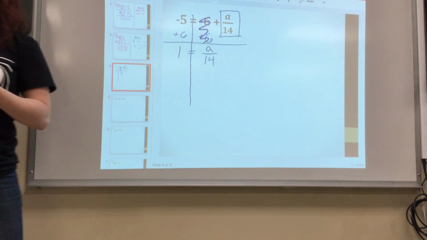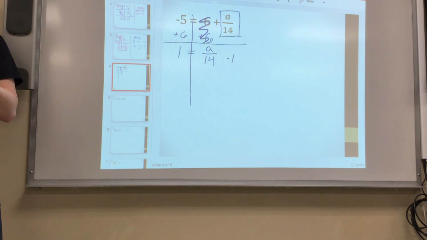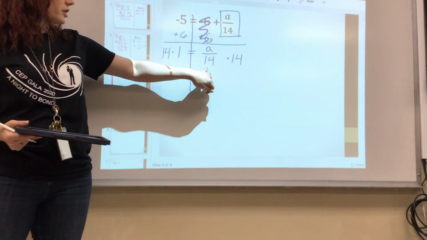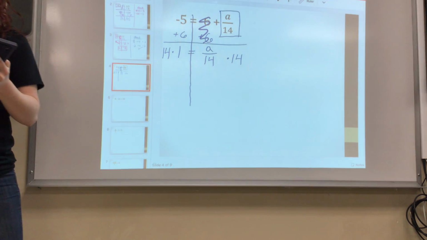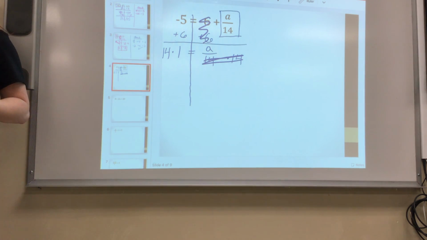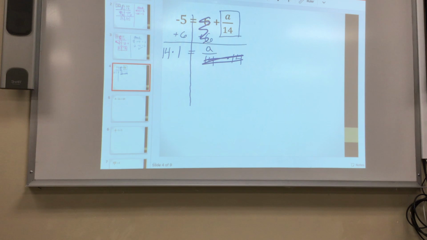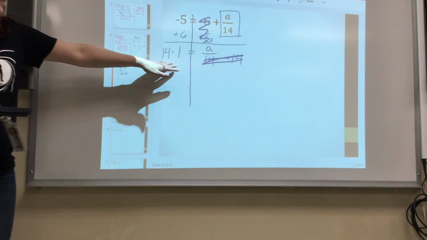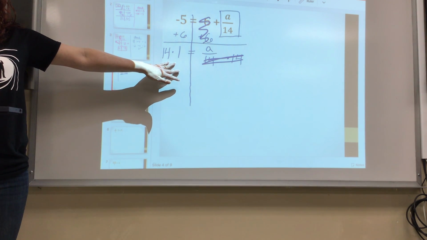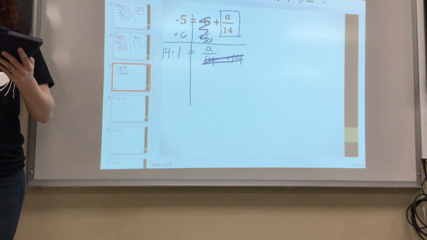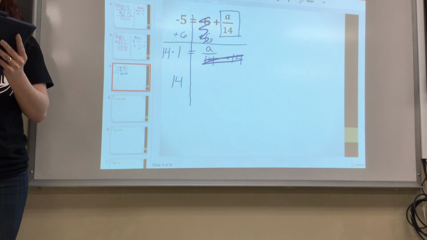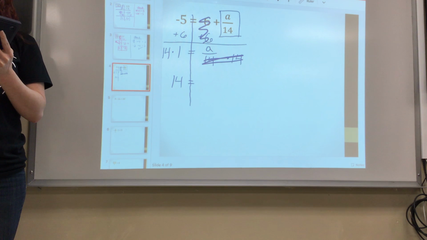Yep, so you want to multiply by 14 on both sides. Division and multiplication are inverses, so I can get rid of the 14s. On the left, I'm going to write down the answer to this. So what's 14 times 1? 14. So I'm going to bring that answer down as 14 equals A.